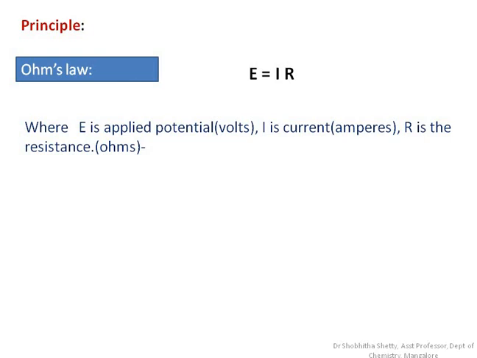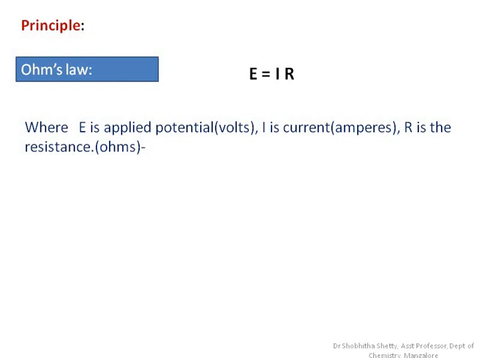This equation is based on Ohm's law, where the conductivity of an electrolytic solution is similar to that of a metallic conductor, and in such cases it obeys Ohm's law, that is E = IR, where E is the applied potential, always expressed in volts, I is the current and R is the resistance.